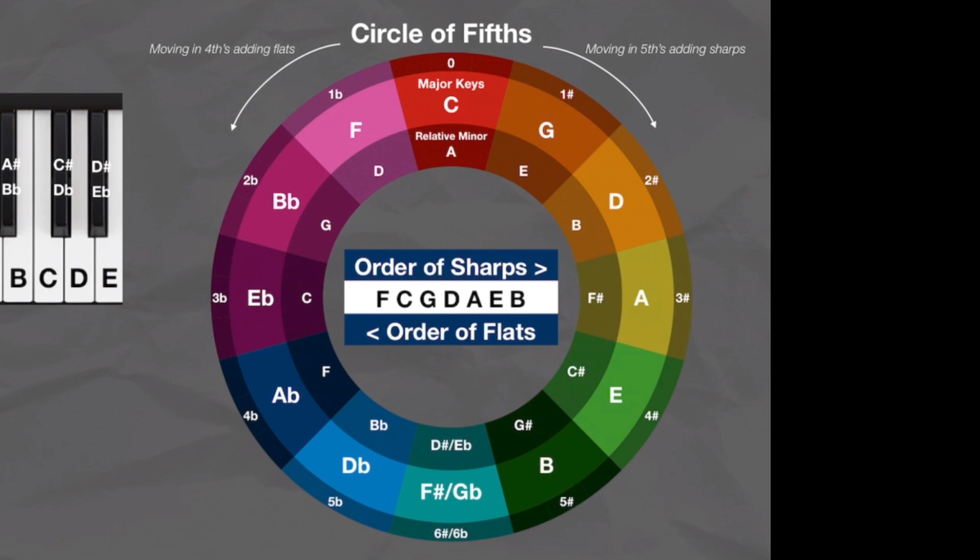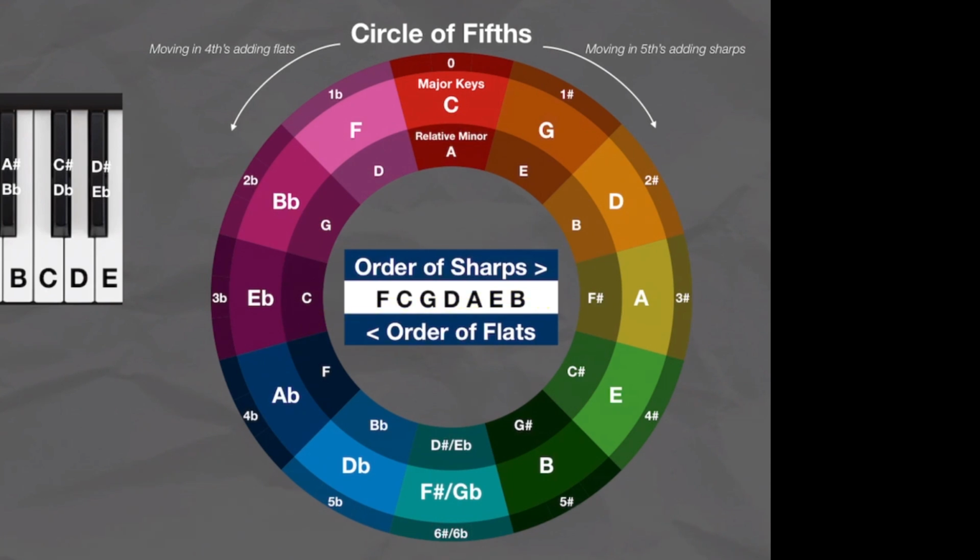That is what we call the order of sharps, where you're moving to the right-hand side, okay? Now, obviously, order of sharps isn't going to help us on the flat side of the circle, right? So what do we do? Well, we flip it around. If you move to the left, you get your order of flats, okay?